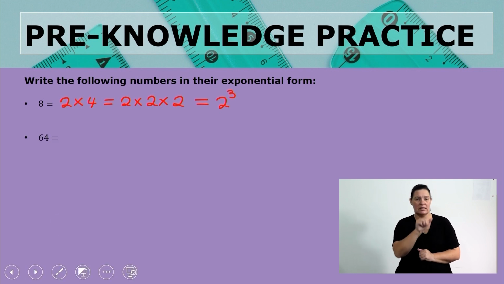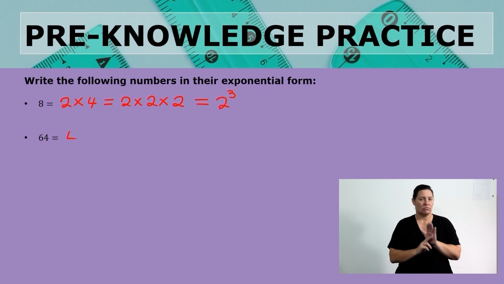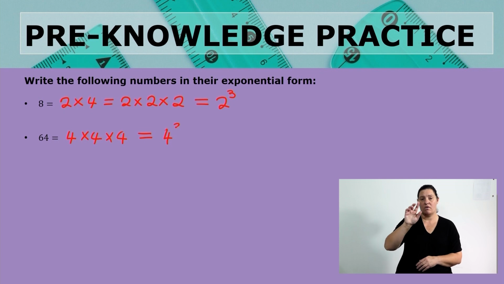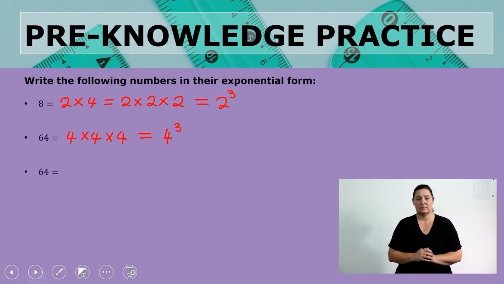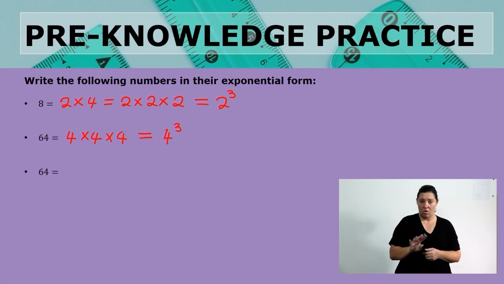When we are looking at 64, we can present 64 as 4 multiplied by 4 multiplied by 4. If we write that in exponential form, that will be 4 raised to the exponent 3. But 64 can also be broken down even further. Instead of using the 4s, we can use our base as a 2.